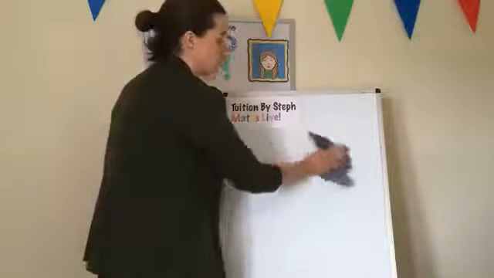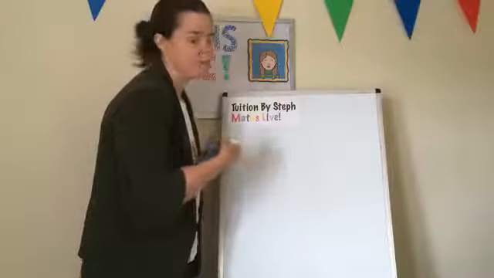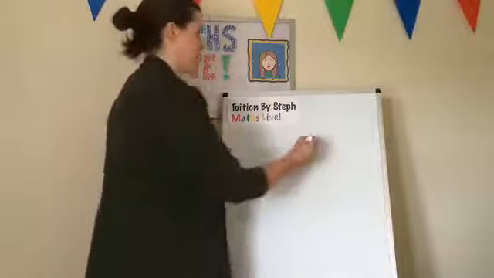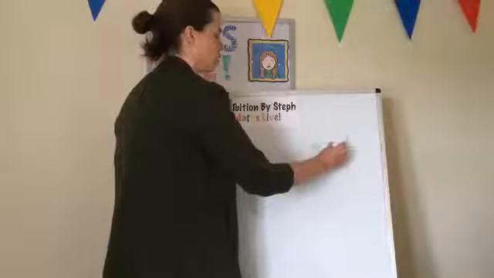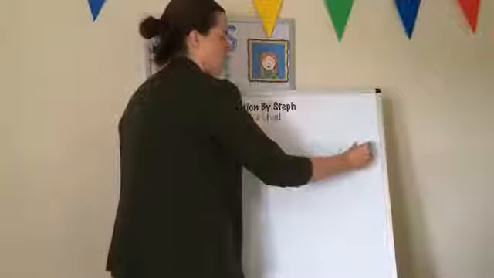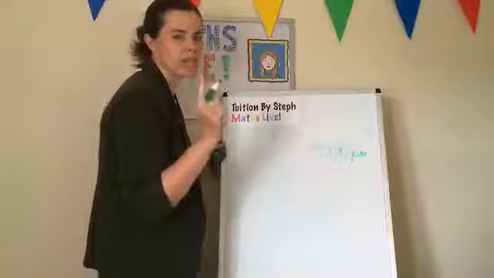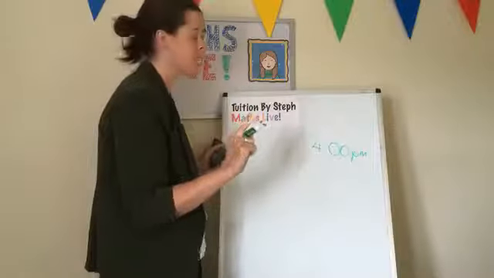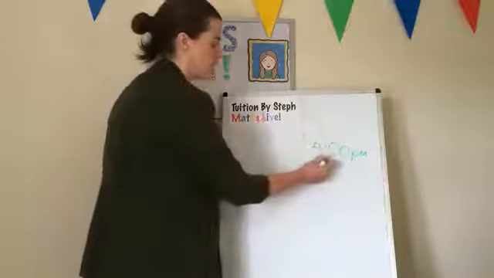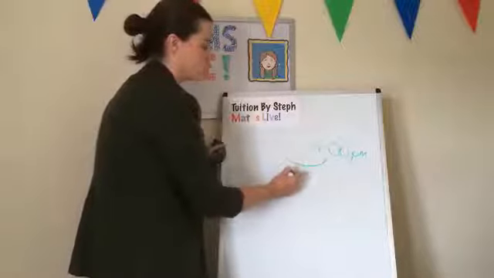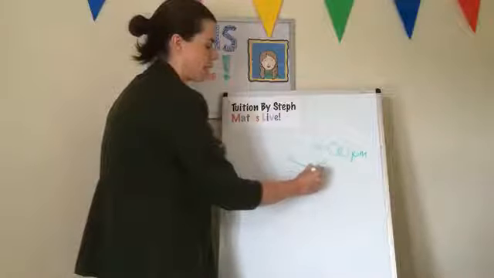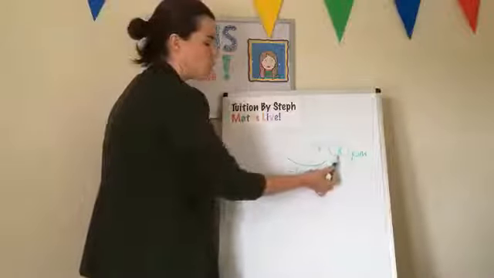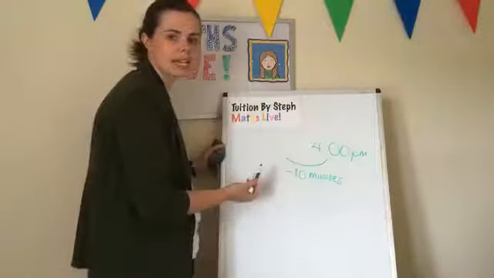And we can also subtract time. So you might need to get the bus at, say, 4 o'clock. Okay. But it takes you 10 minutes to walk to the bus stop. So what is the latest time that you can set off? So what we need to do here is subtract, take away 10 minutes. Okay? So what is 10 minutes less than 4 o'clock?